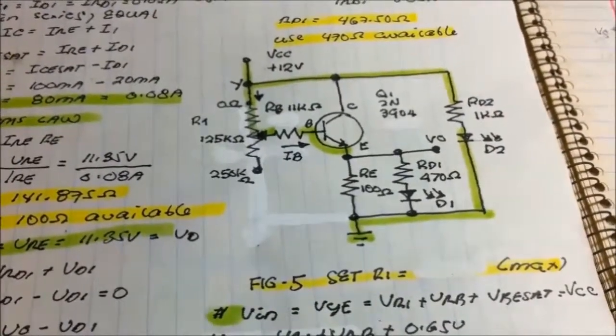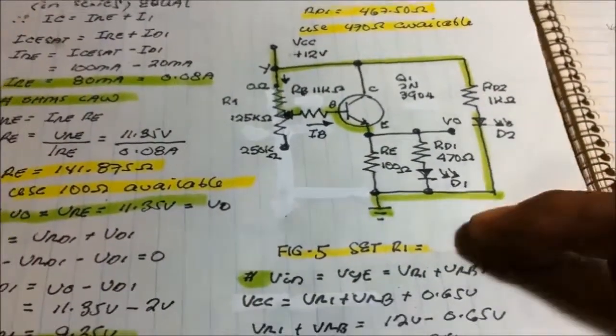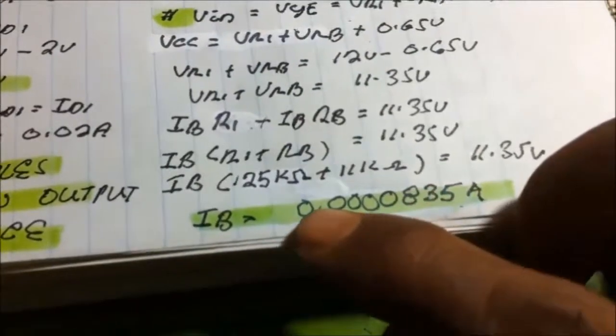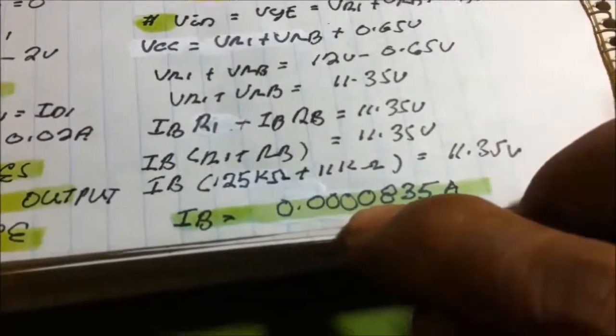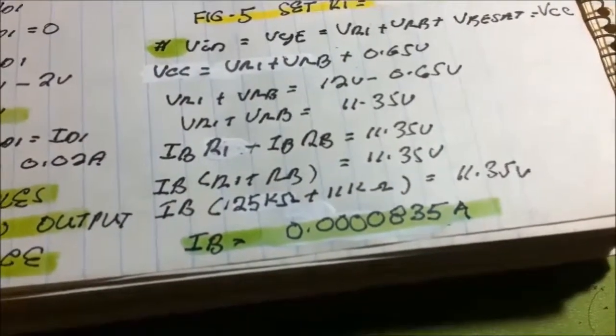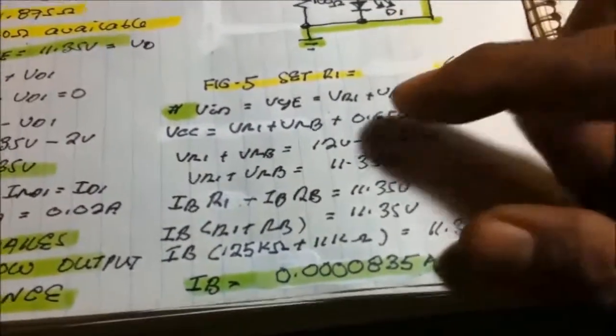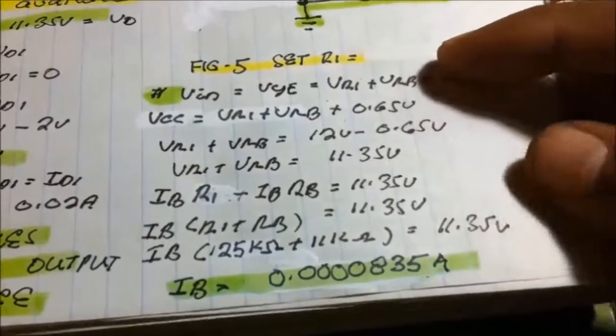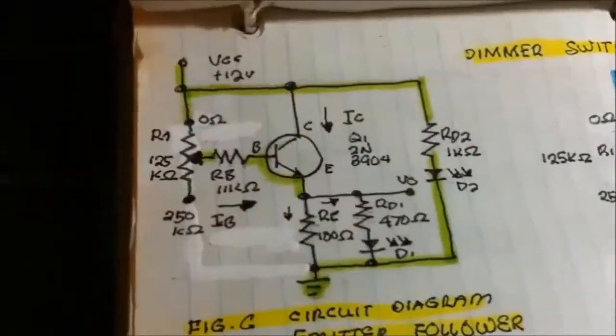We need at least, what is this? It is 83 microampere, or 0.0000835 ampere. 83 microampere, very small.